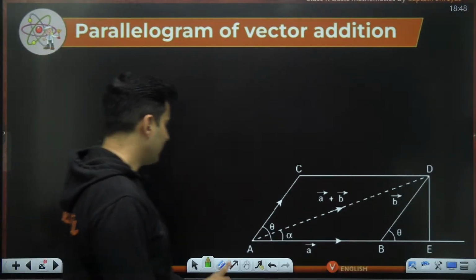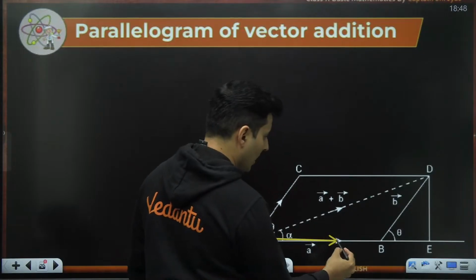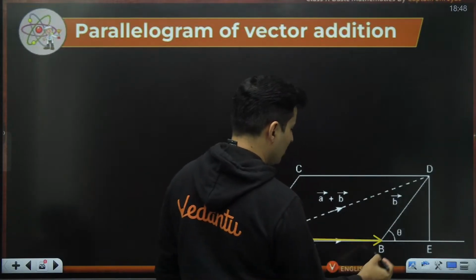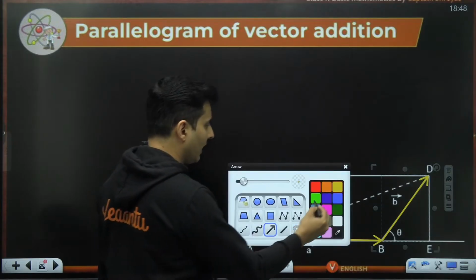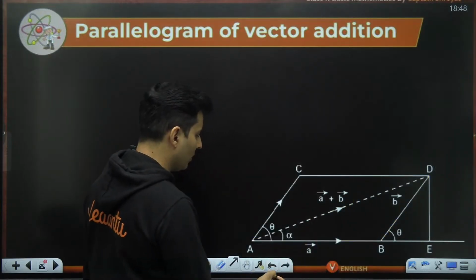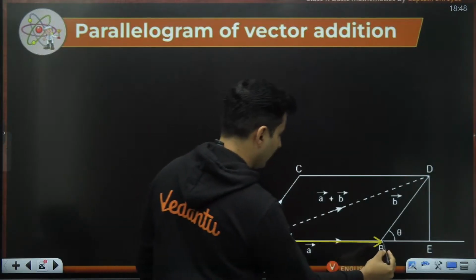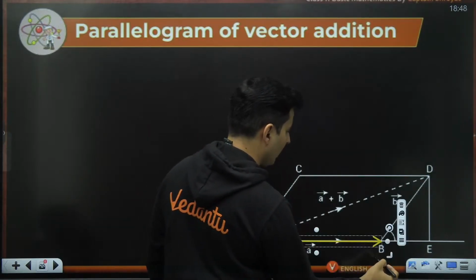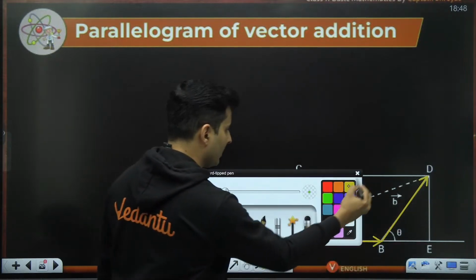It's straightforward, guys. See, you have a vector A and you have another vector B like this, and using triangle law or parallelogram law, whatever you want to use. Sorry guys, one second. This is your vector A, and then you show this vector B. Both these vectors are shown over here.